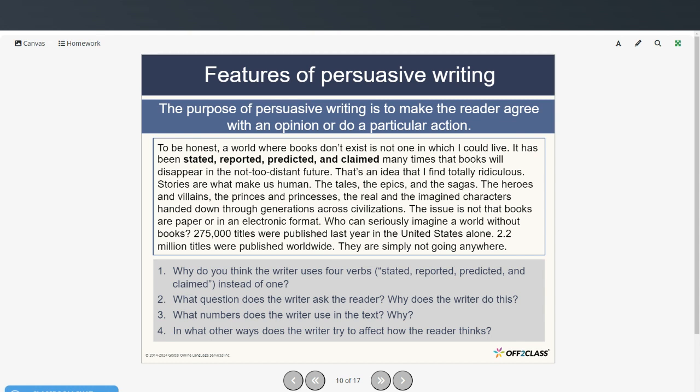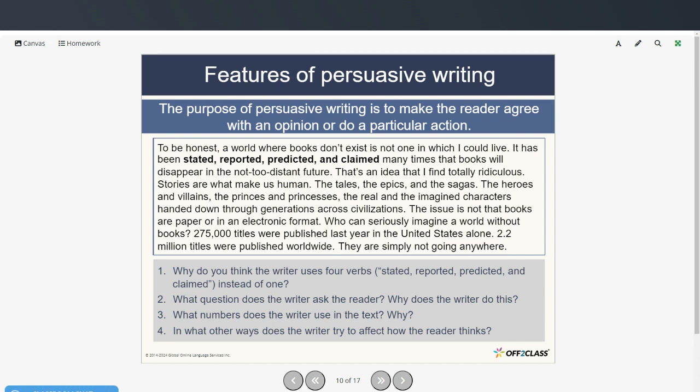So here he asks, who can seriously imagine a world without books? And he asks that question to get the reader to think about his point of view and to help persuade them to his point of view that books are not going away.